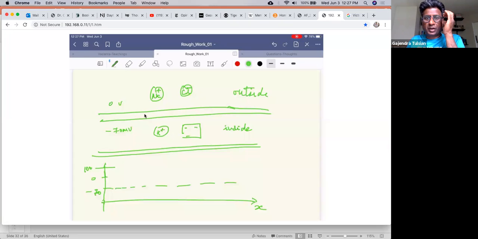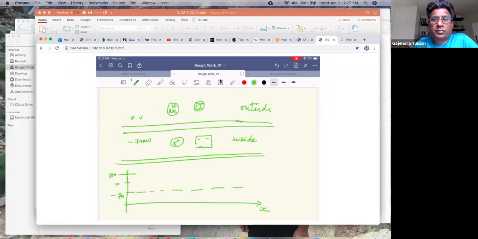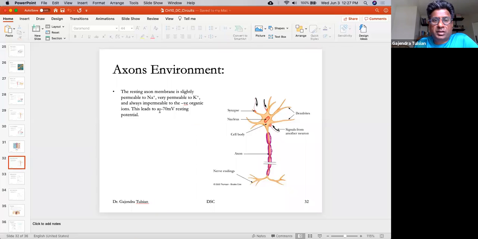A lot of the potassium ions go across, so there's a negative charge here. And that's how you end up with a minus 70 millivolt resting potential.